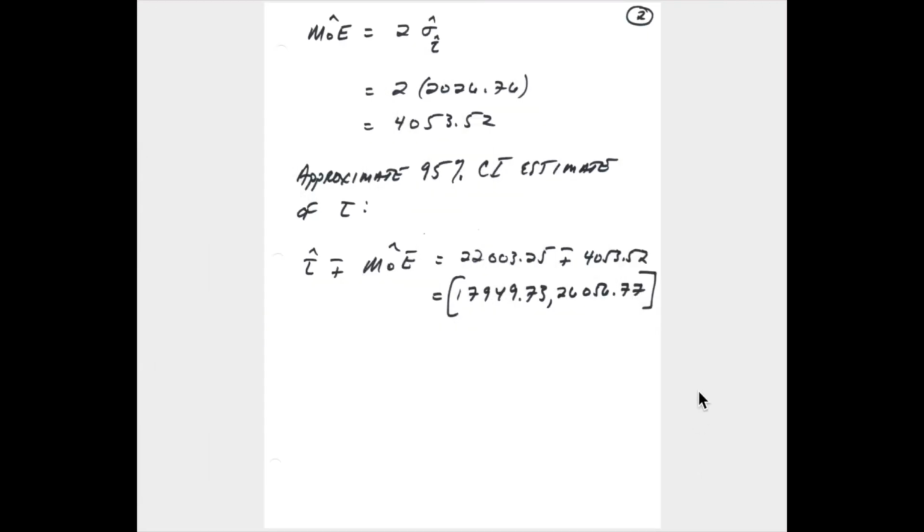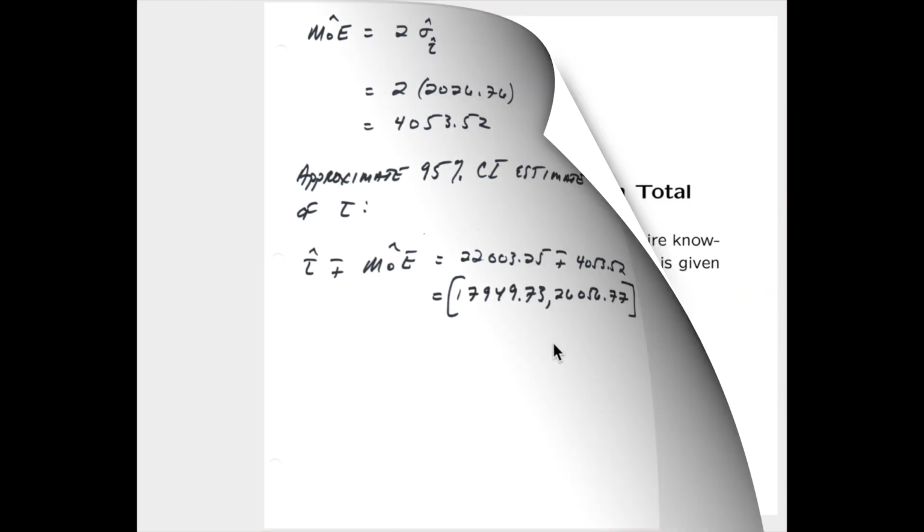The margin of error is obtained by multiplying that by 2, to give 4,053.52. And so an approximate 95% confidence interval estimate of tau is 17,949.73 up to 26,056.77. Remember that, again, these data are in hundreds of thousands of dollars.